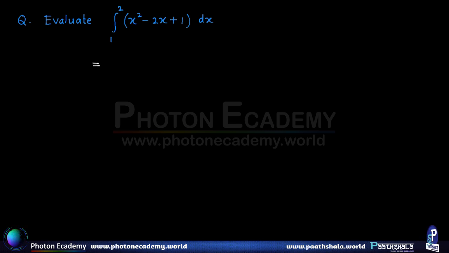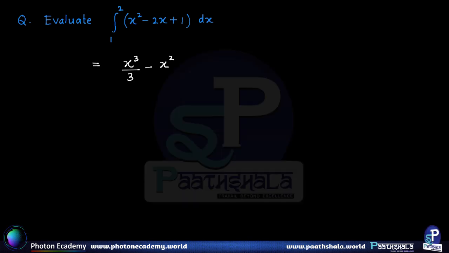So we know that the integral of x square is x cubed by 3, minus the integral of 2x, which will be nothing but x square, because x square has the derivative 2x, and lastly the integral of 1 is x, and this is to be evaluated between 1 to 2.